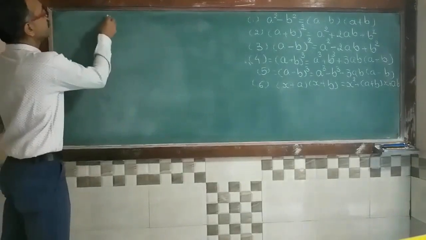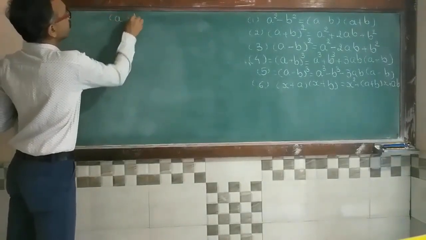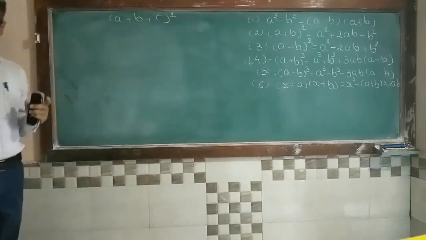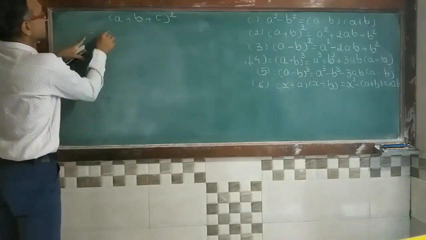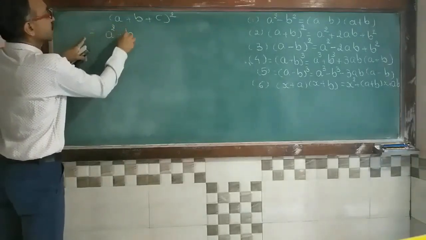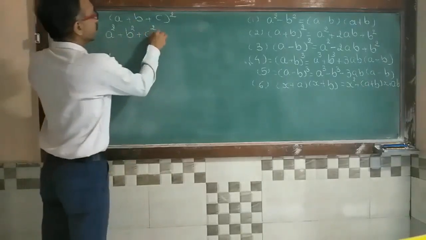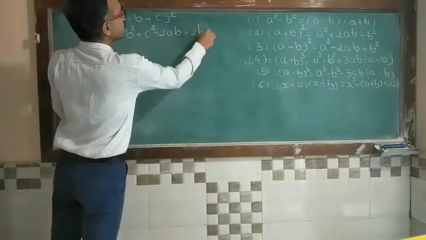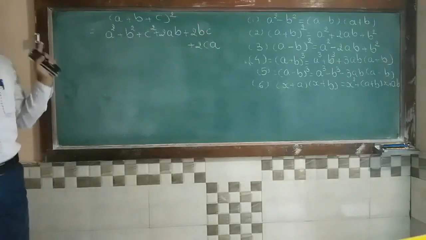Now suppose you are given (a plus b plus c) whole raised to square. So the answer is a square plus b square plus c square plus 2ab plus 2bc plus 2ca. This is the answer.